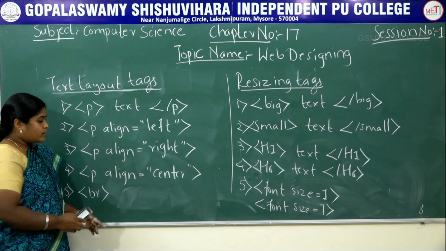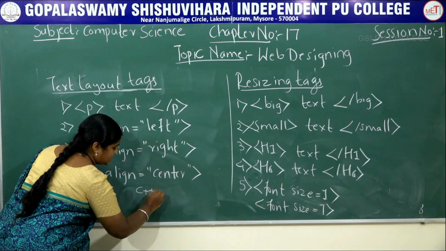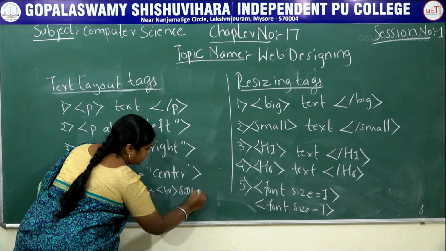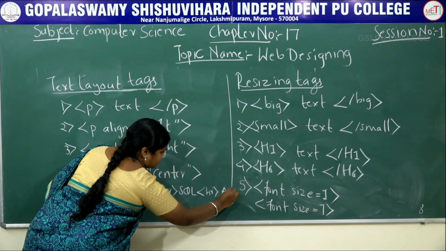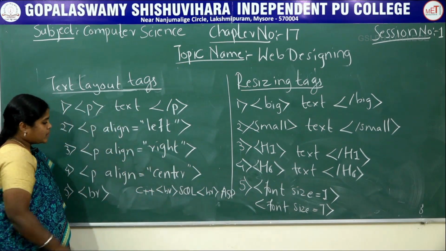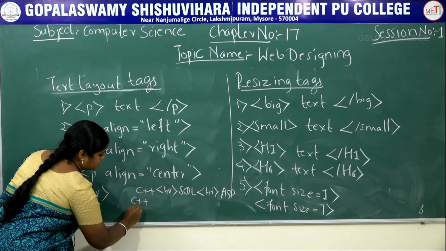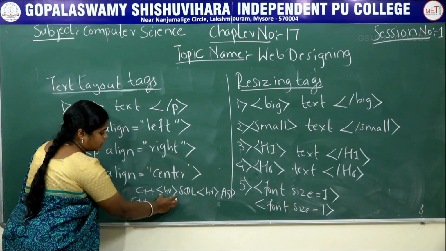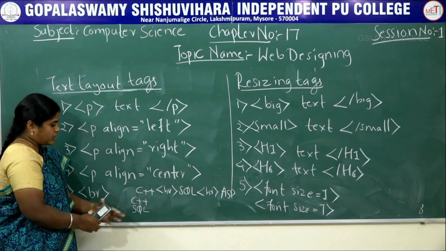Let's see how the BR tag works. Suppose I say C++ BR tag, SQL BR tag and ASP. So how will it be displayed? The output of this statement will be C++. After C++ we have written BR, so it will include a single line break over here.